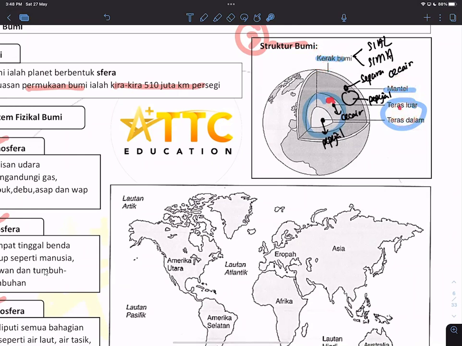So teras bumi, outer layer, liquid. Outer layer for mantel, semi-liquid, separa cecair. The bottom part of the separa cecair is what we call solid. The bottom part of the teras luar, the inner core, still pepejal. So remember, inside is solid, and the outer layer is liquid or semi-liquid.